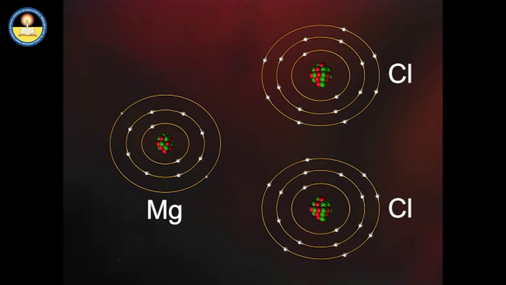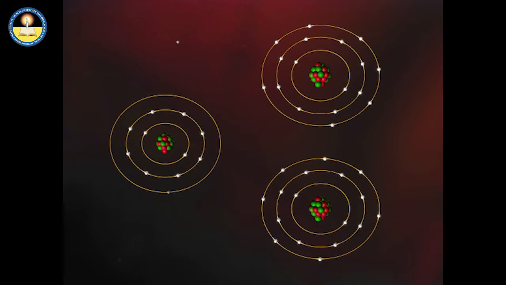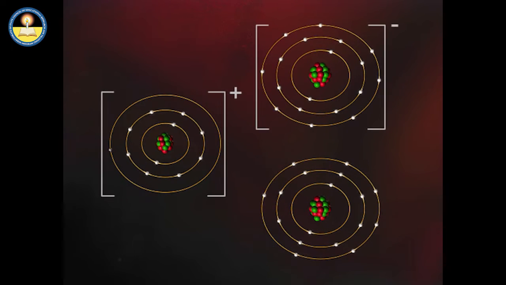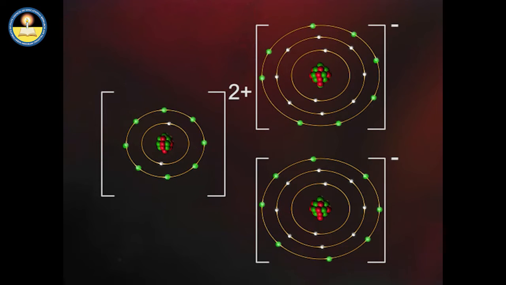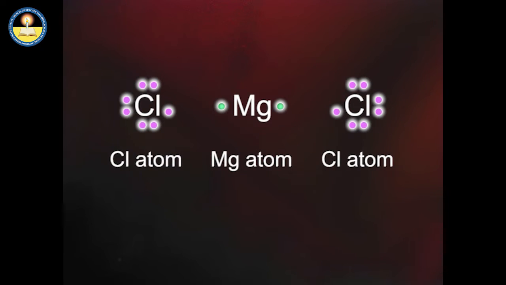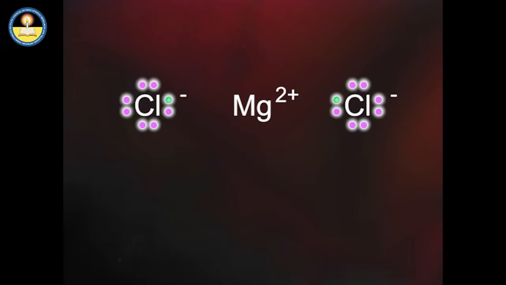Electronic configuration of all the 3 ions: magnesium 2+ ions and 2 chloride ions have 8 electrons in their outermost shells. This can be represented by Lewis formula as shown in the animation on screen.